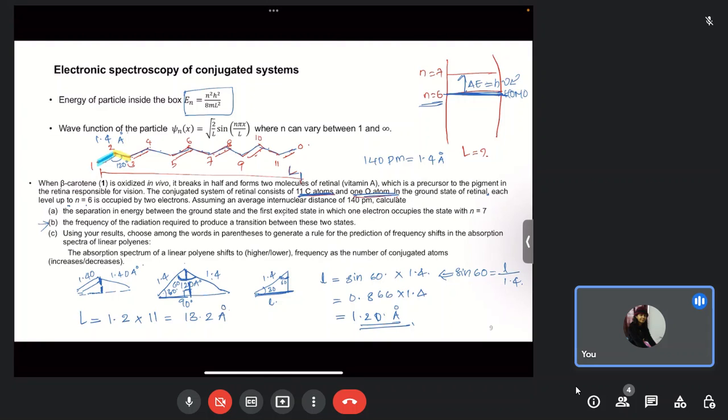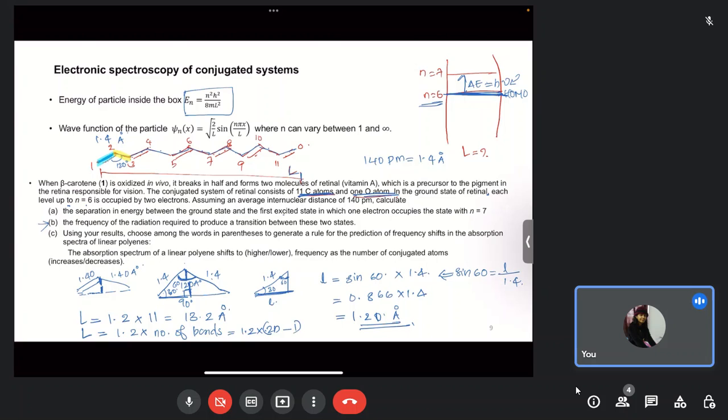So any time we have to calculate the length of the box, you multiply 1.2 into the number of bonds, or you can multiply 1.2 into 2n minus 1, where n is the number of double bonds.